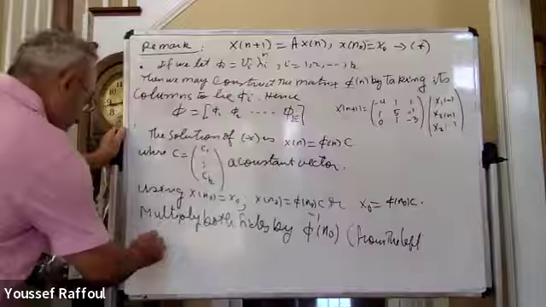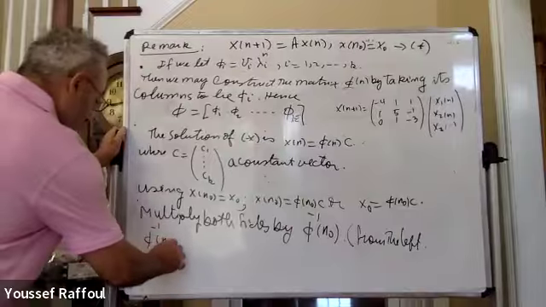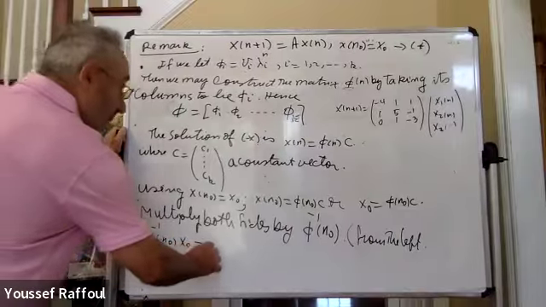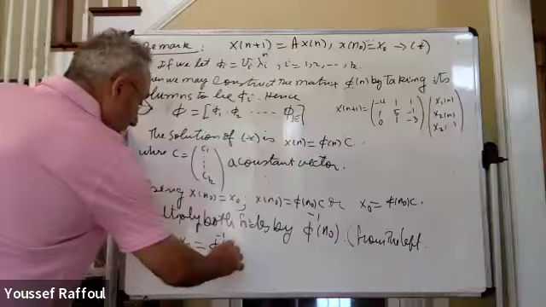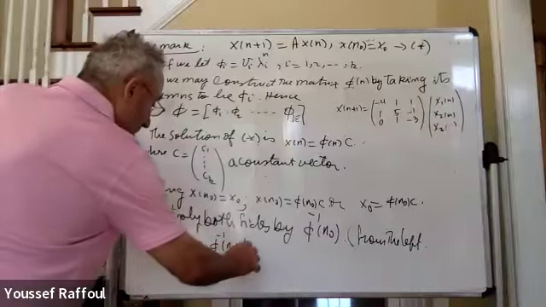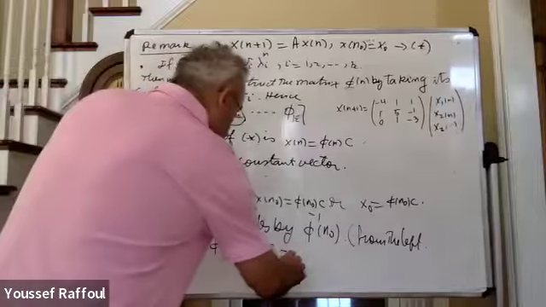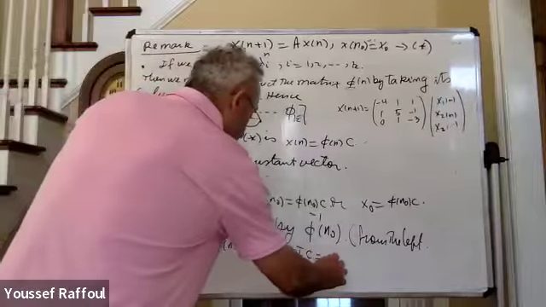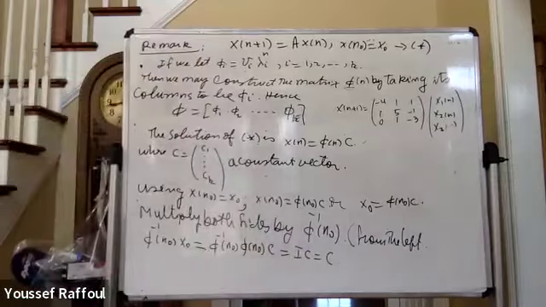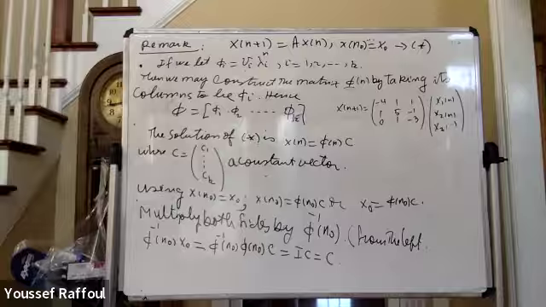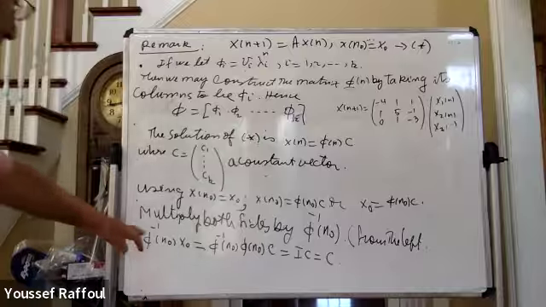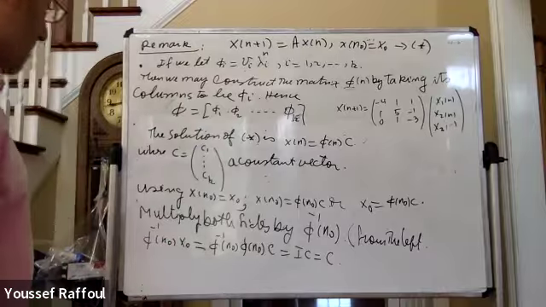So we have phi inverse of n_0 x_0 equal phi inverse of n_0 phi of n_0 times c, and that is I times c, and that is c. So what is c? c is phi inverse of n_0 x_0.